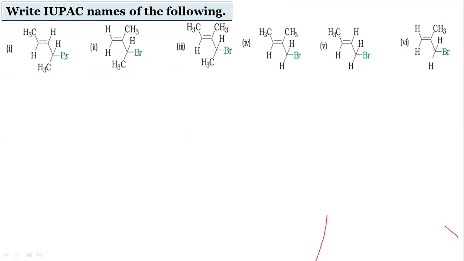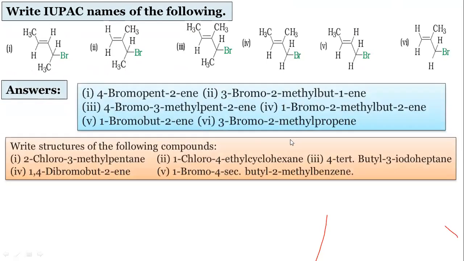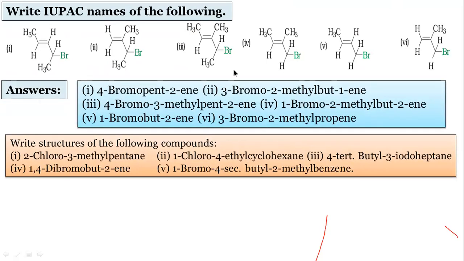Okay. So write the IUPAC names of the following. This is also given for your homework. The answers are also given. If you have any doubt, you can call me after the lecture is completed, when we are going to complete this homework.